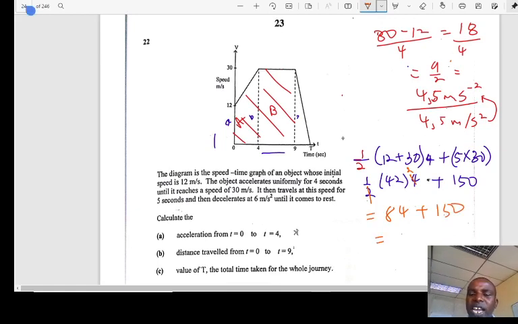Then 84 plus 150 is 234. So it will be 234 meters.